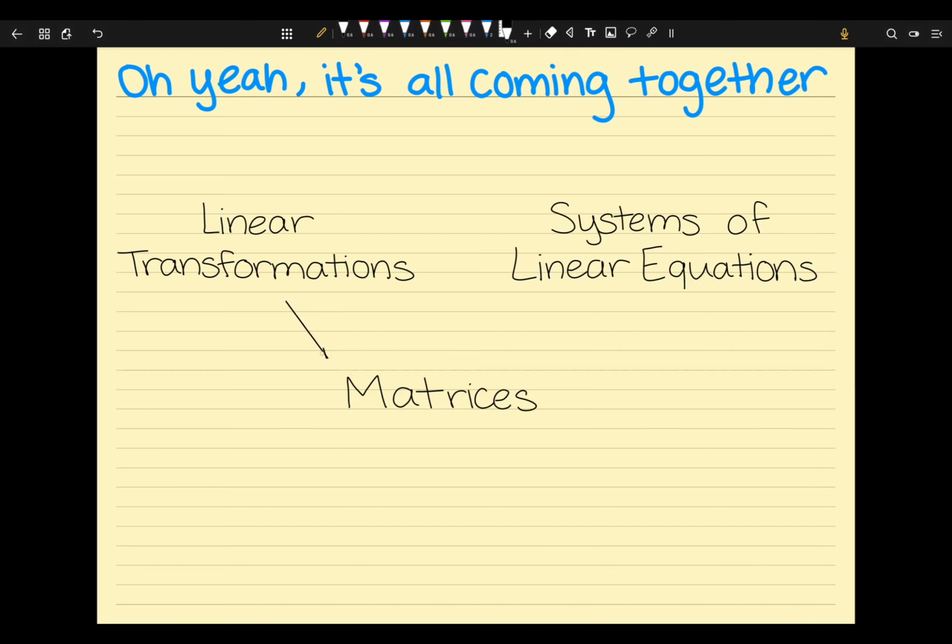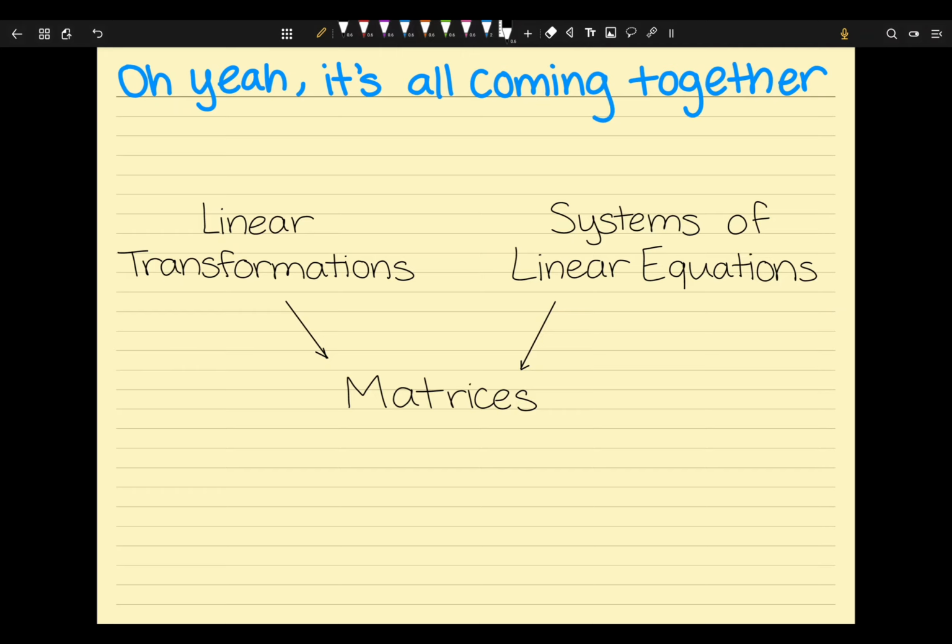This was our motivation for matrices. We derived their properties from linear transformations. Today, we saw that you can look at it from another direction. You can start with a system of linear equations, and again, you arrive at matrices.